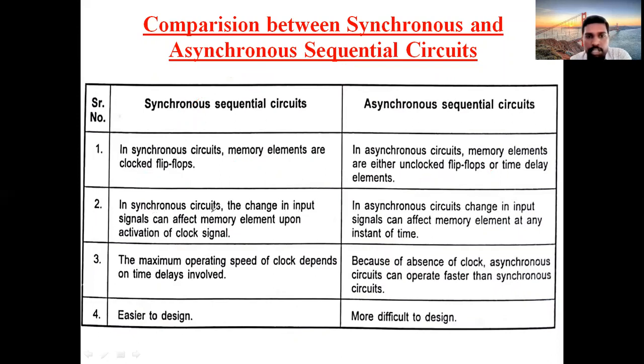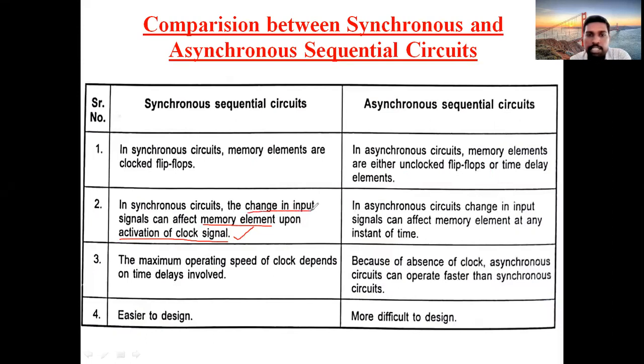In synchronous circuits, the change in input signals can affect the memory upon the activation of the clock signal. That means in synchronous circuits we have only one common clock pulse. When this common clock signal is activated, the change in the input signal can affect the memory element, and it will generate the respective outputs.